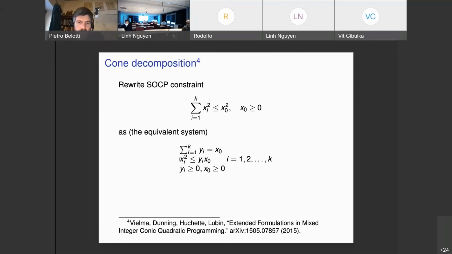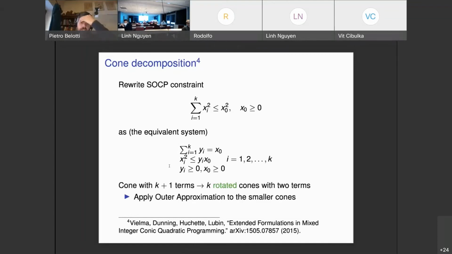Then you add a bunch of new rotated cones that contain the xi squared variable that was used in the original summation. And then you simply need the non-negativity conditions on yi. This is a very easy technique, and it's very easy to implement.